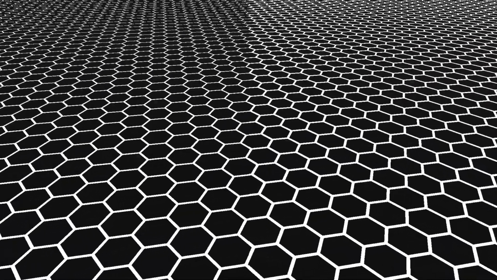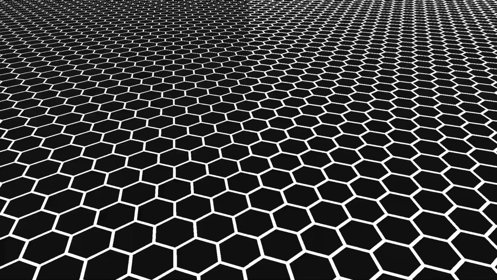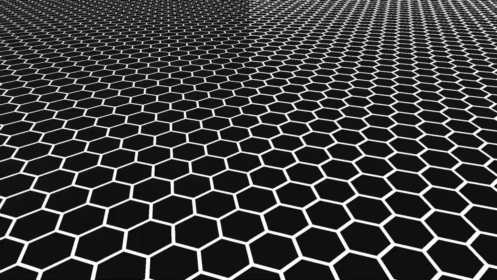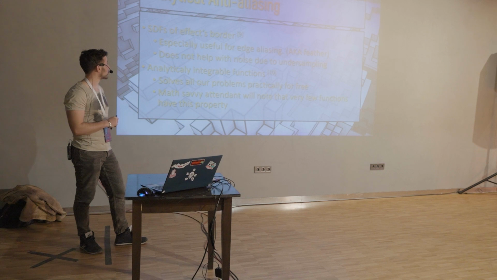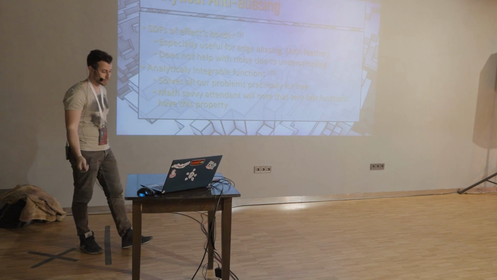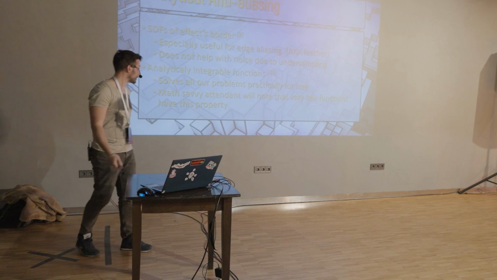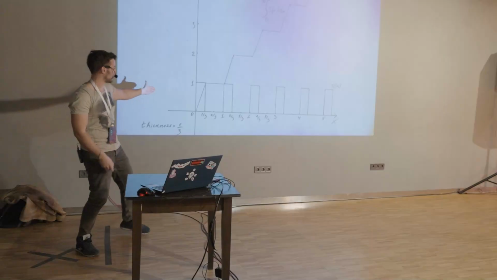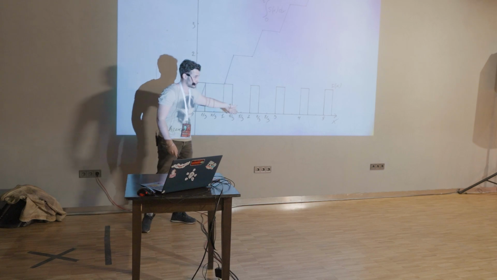On the left is without this anti-aliasing, and on the right is with it. Sometimes you get analytical functions. It's really rare. The guys who have visited math classes know it, but generally, if you have that function, for example this one, you just have a step function.